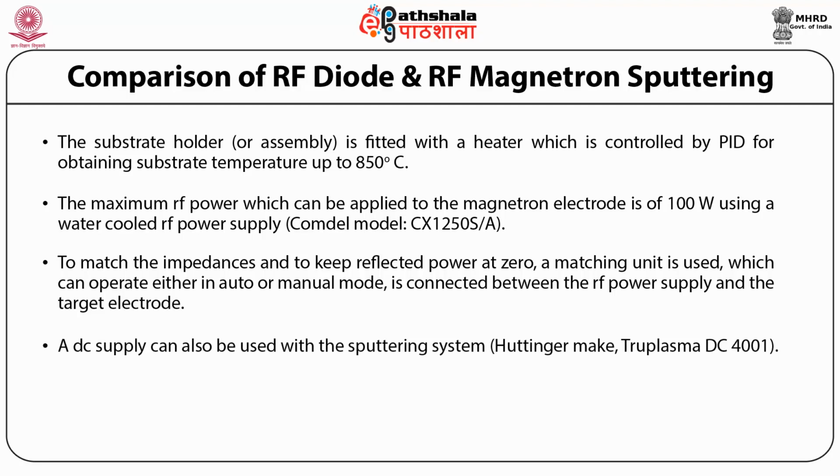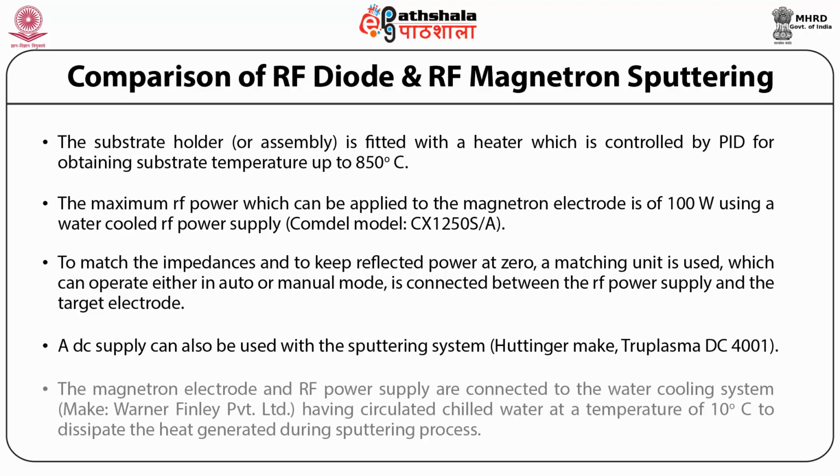Then a DC supply can also be used with the sputtering system. The magnetron and RF supply are connected to the water cooling system having circulated chilled water at a temperature of 10 degrees Celsius to dissipate the heat generated during the sputtering process.